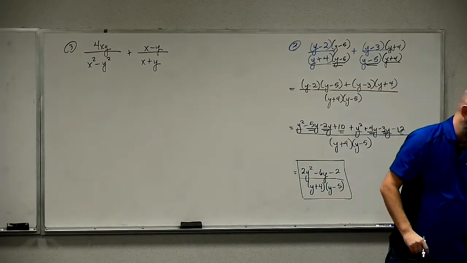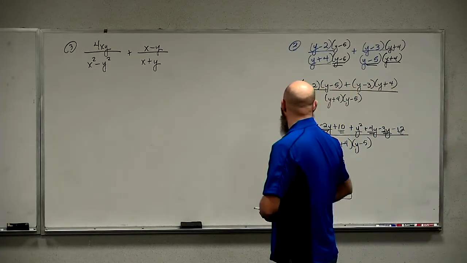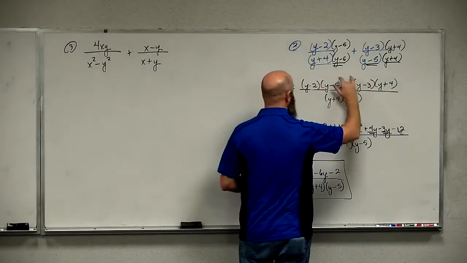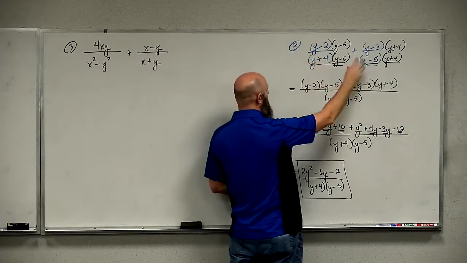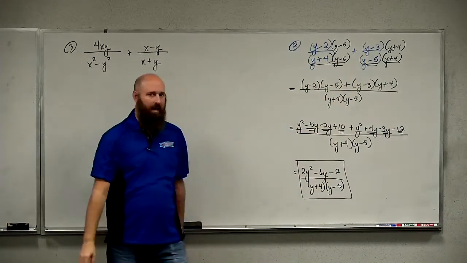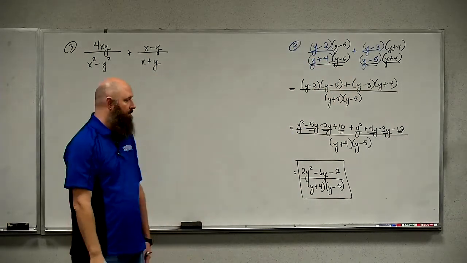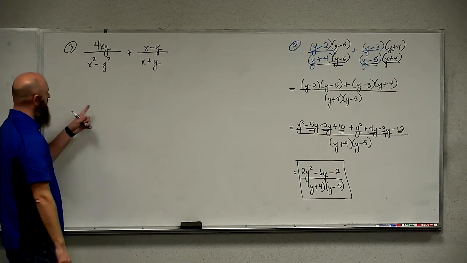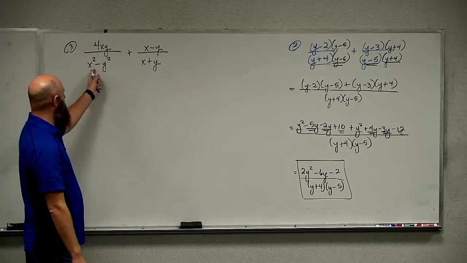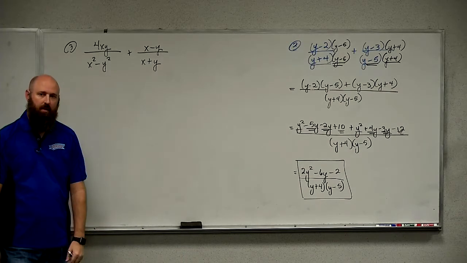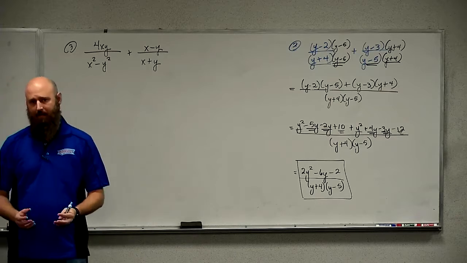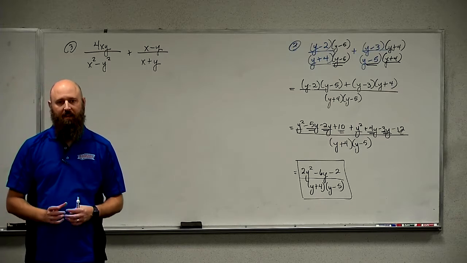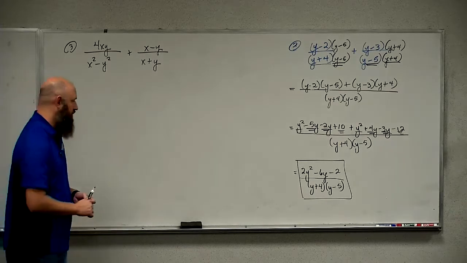All right. So in our previous problem, we had a y plus 4 and a y minus 5. Those were already in their lowest terms, so we could start going out and putting those things together. But here on this one, it's a little bit different. We see on this, I have an x squared and a y squared, and we can actually factor that. So if you can factor that denominator, we need to do so.